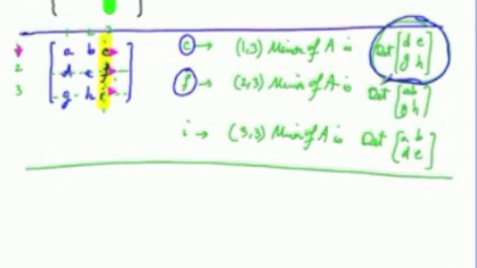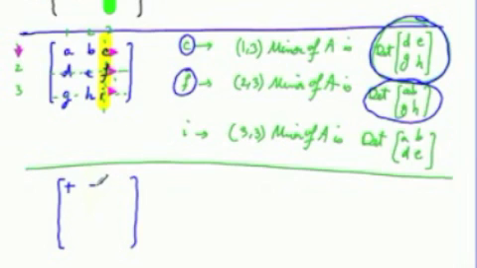There's a third item, which is that each matrix comes with a checkerboard pattern of signs. You start with a plus on the upper left corner, and then you flip-flop. So plus, minus, plus, minus, plus, minus, plus, minus, plus.